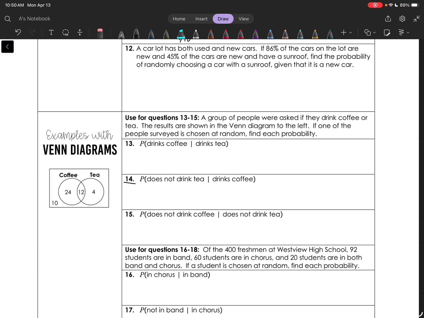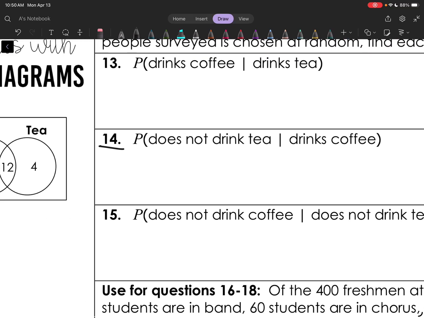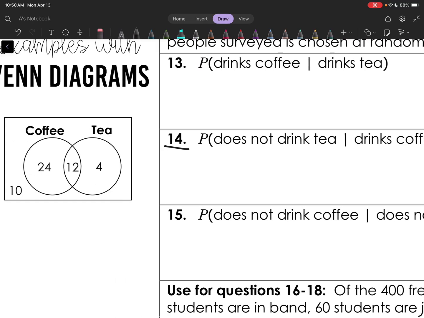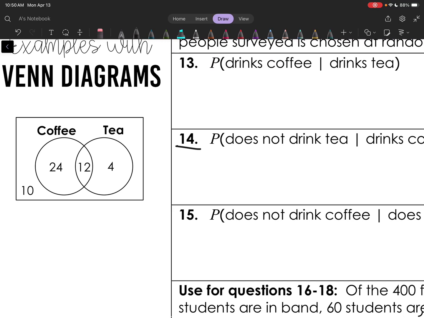For questions 13 through 15, we're using this Venn diagram about coffee and tea. What is the probability that I do not drink tea given I drink coffee? So for my coffee and tea, these people drink purely coffee, these people drink both.